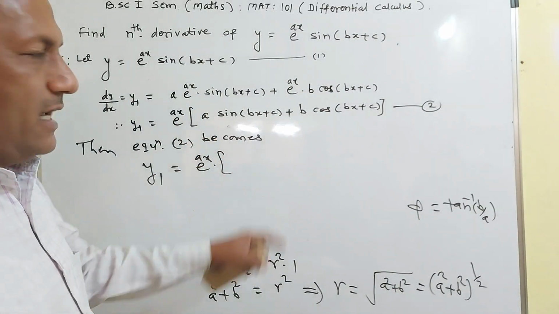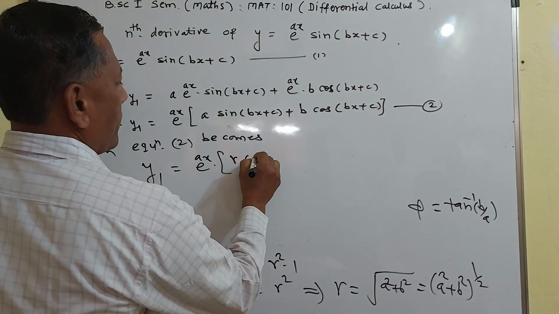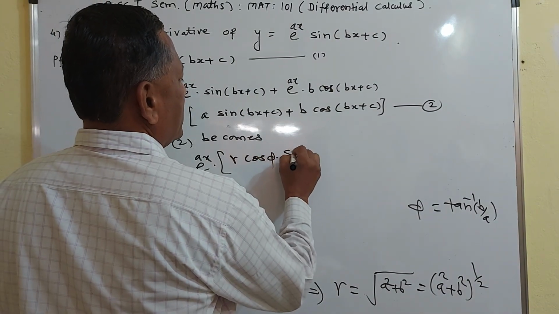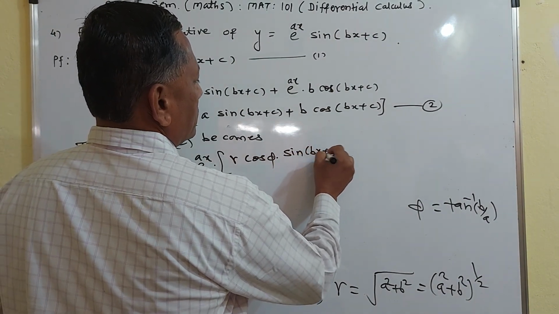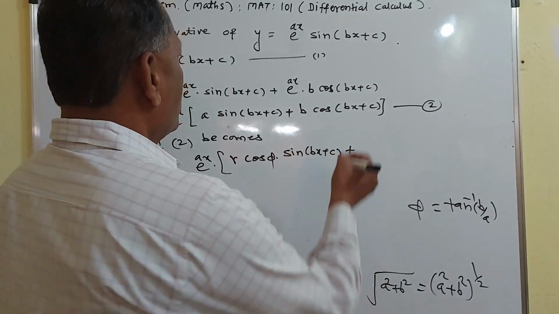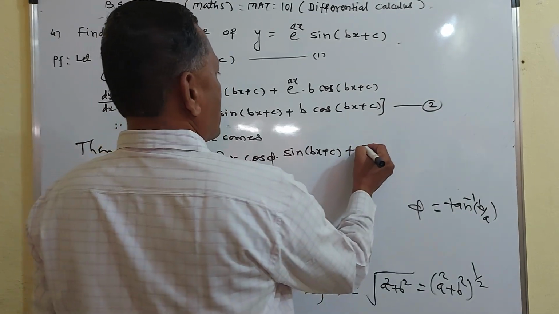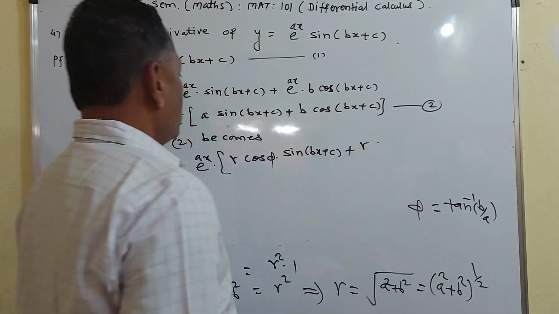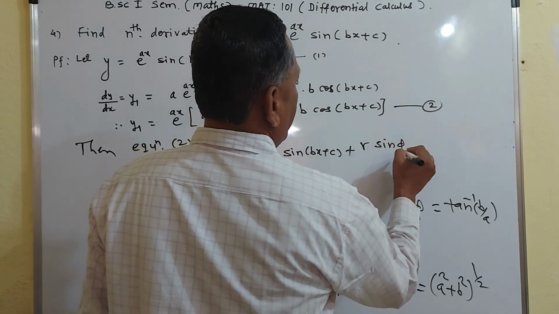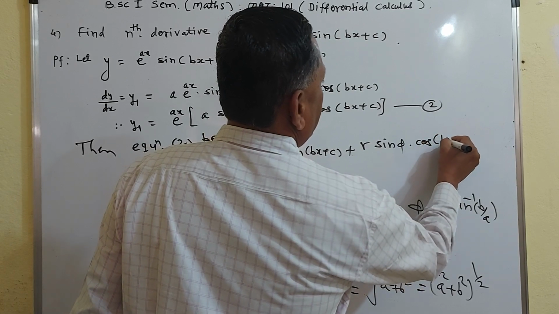Your substitution is a is equal to r cos phi, into sin of bx plus c, plus your substitution b is equal to r sin phi, and cos of bx plus c.